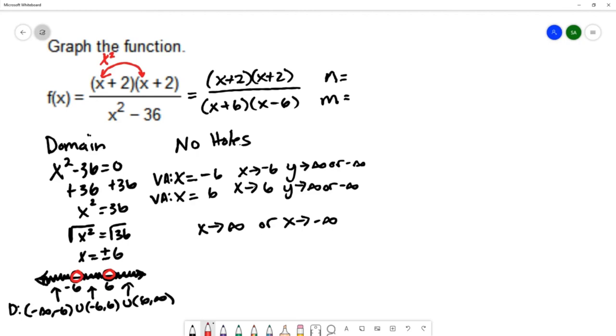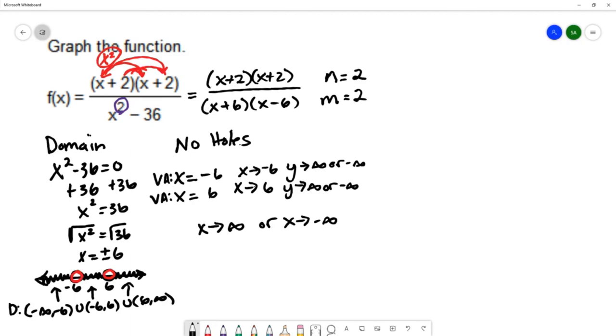You would get x times x, which is x squared, x times 2, which is 2x, 2 times x, which is 2x, and 2 times 2, which is 4. The highest one of those would be x squared. So the degree of the numerator is 2. And then in the denominator, we also have a degree of 2.